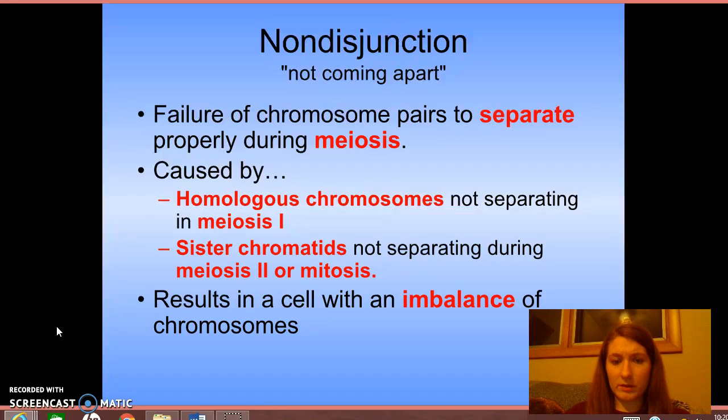For example, a sperm cell could end up with 24 chromosomes instead of 23, or it could end up with 22 chromosomes instead of the original 23 it needs. Same thing with an egg cell: you could have 23 normally, or you could have 24 by accident, or 22 instead.